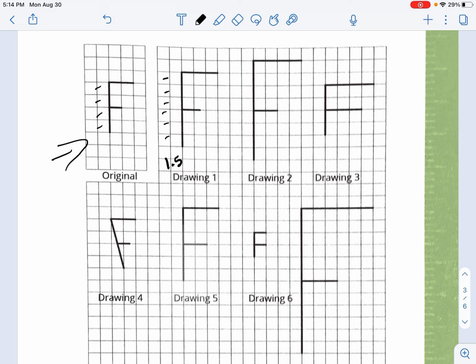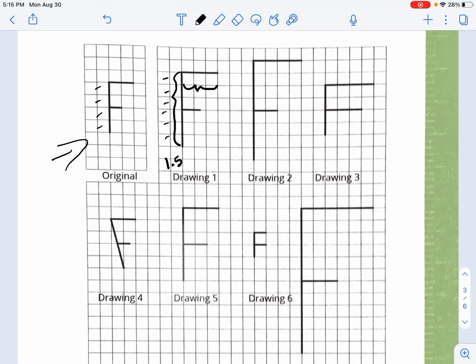This top here is 2, if we multiply that by 1.5, you should get 3, which does align with this dimension here. So far the height and the length of the top follow that.